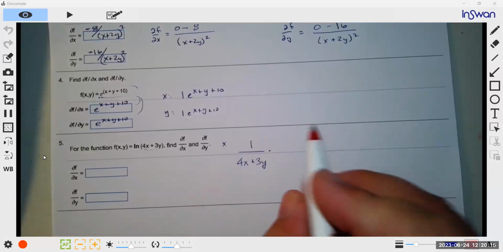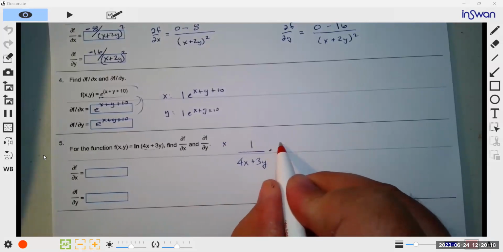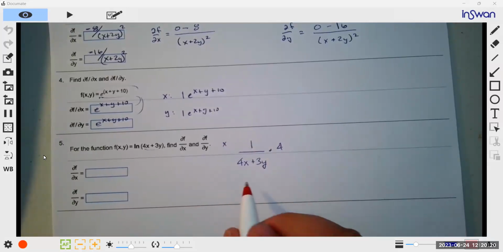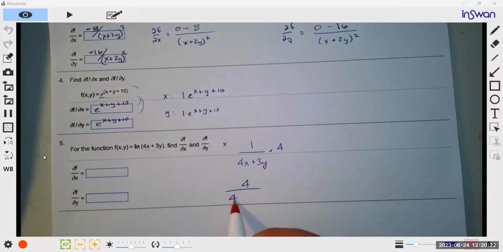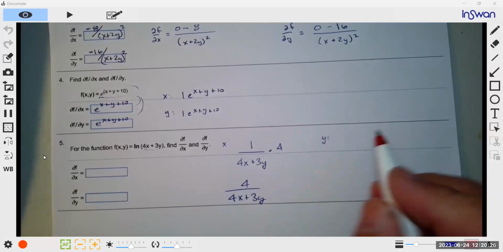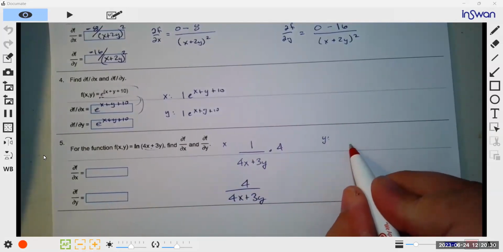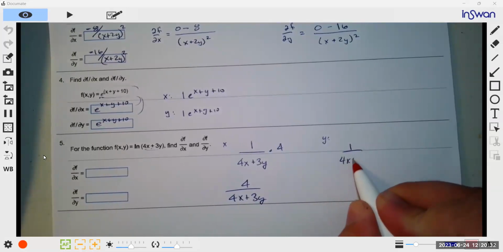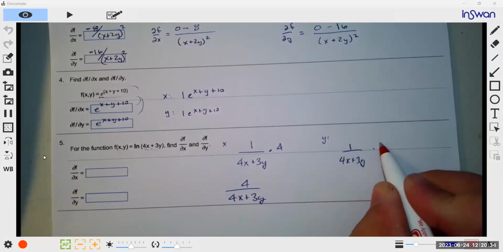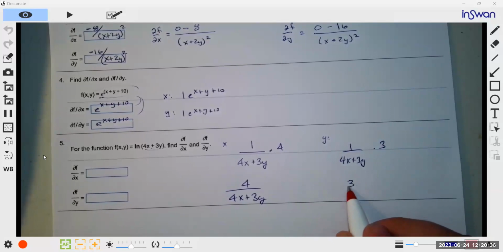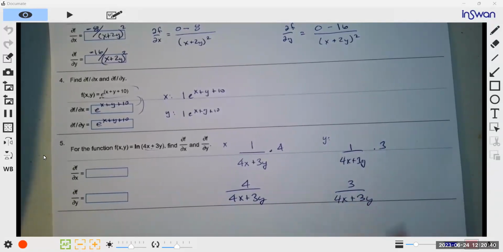So with respect to x, the derivative of the inside is 4. So it's 4 over 4x plus 3y. With respect to y, the derivative of the inside is 3. So it's 1 over 4x plus 3y times 3, which is 3 over 4x plus 3y.